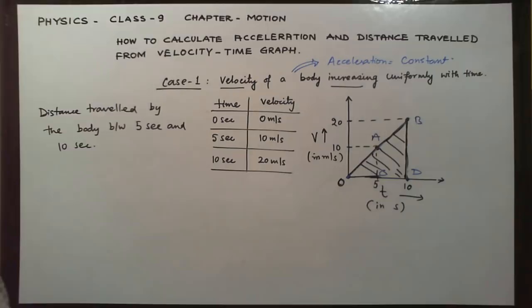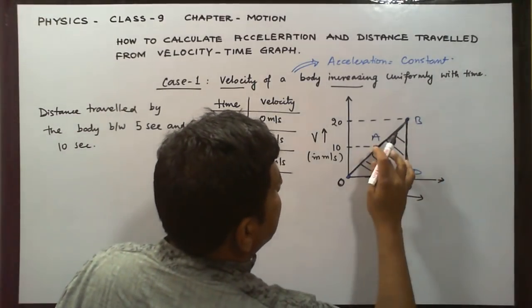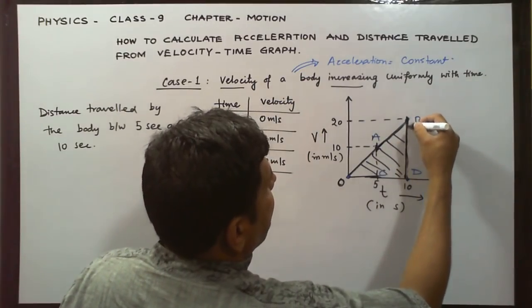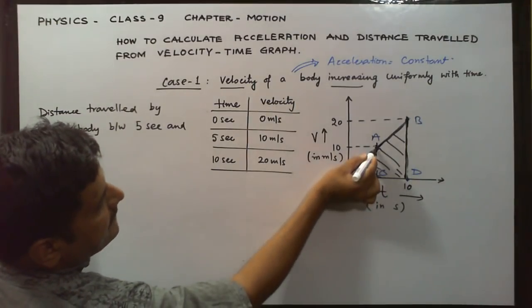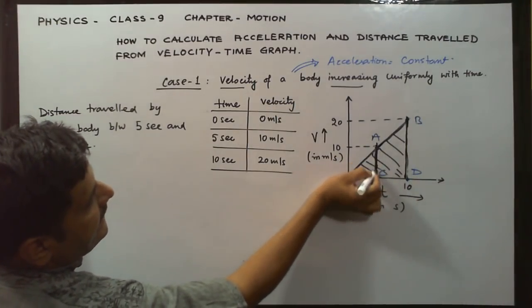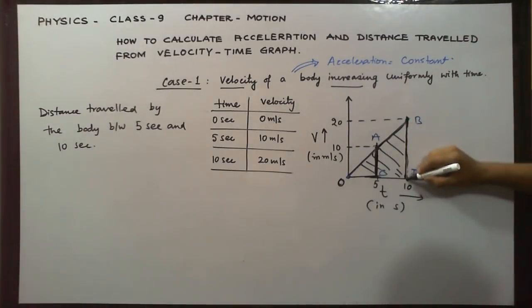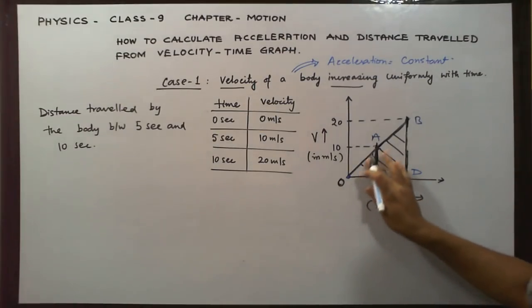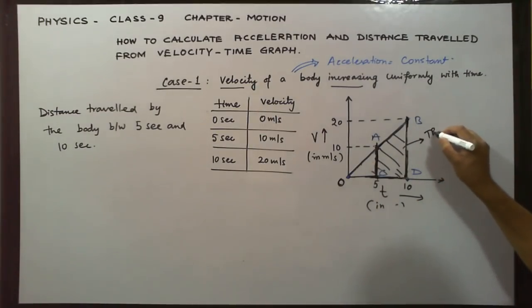We have to close the graph with the time axis. So where is the graph? We have got this graph between 5 seconds and 10 seconds, so this is the line that we get, and here we get this line. What type of a figure do we get? This is nothing but a trapezium.